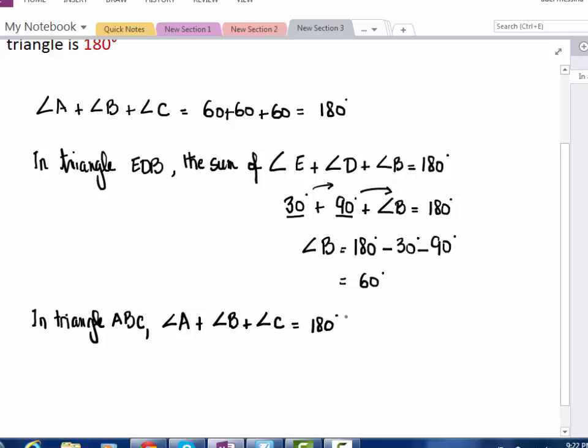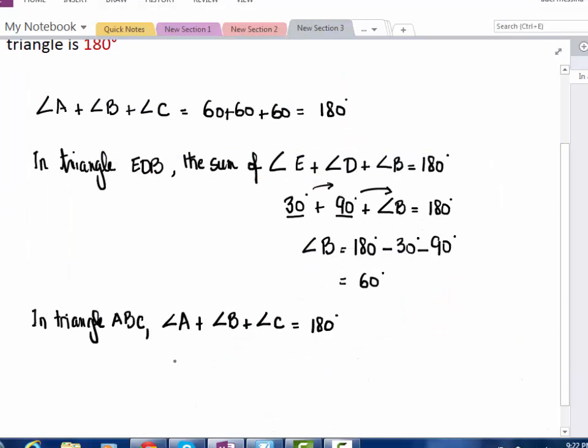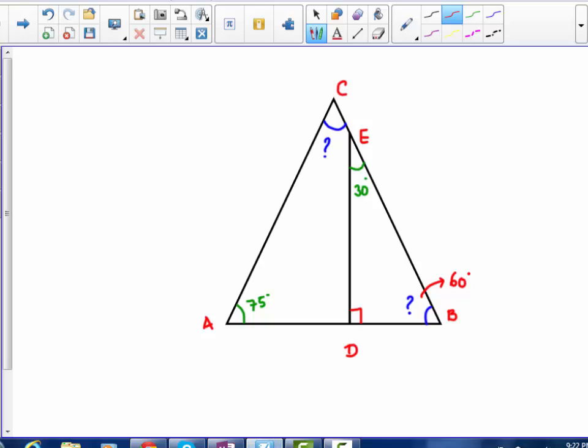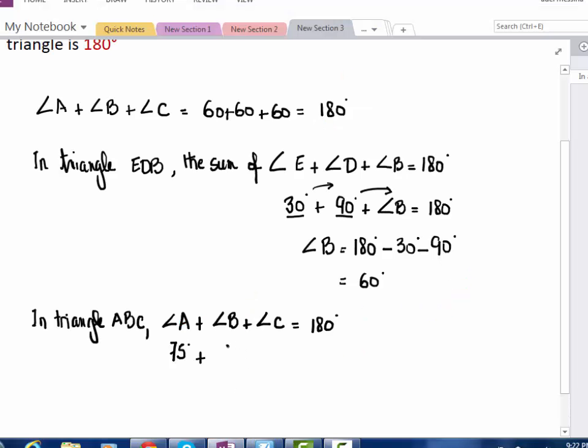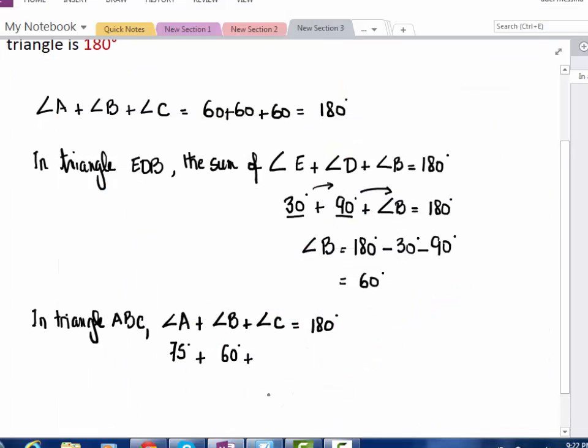This is what we learned today from the lesson, that the sum of the three angles of any triangle equals 180. Okay, now if I go back to the drawing, do I know angle A? Yes, it's 75 degrees. So 75 degrees plus. Do I know angle B? Let's check B. It's 60 degrees. Yes. So 60 degrees plus. Do I know angle C? No. Actually, this is unknown.